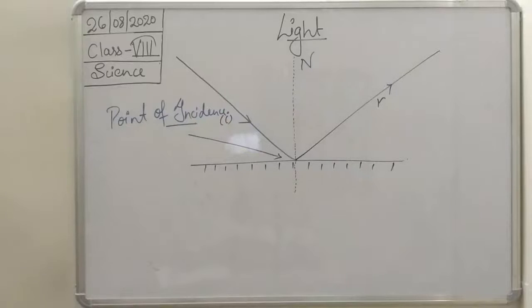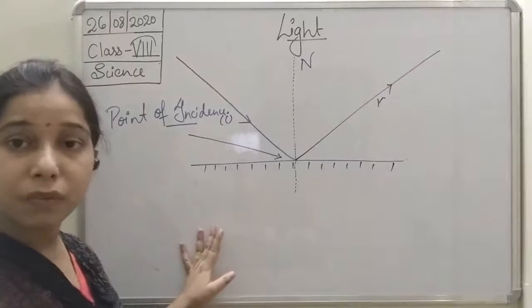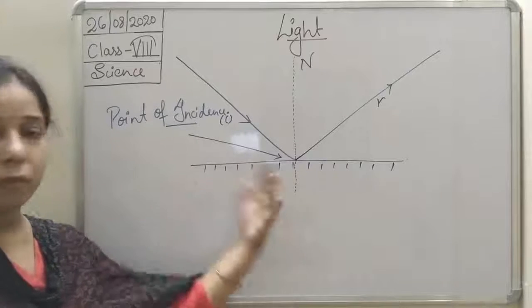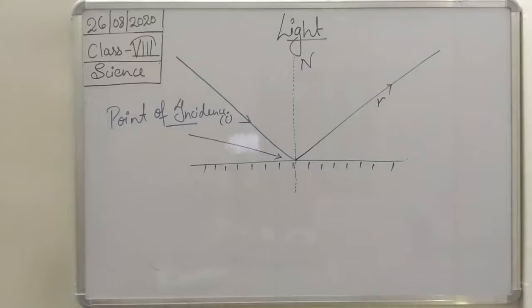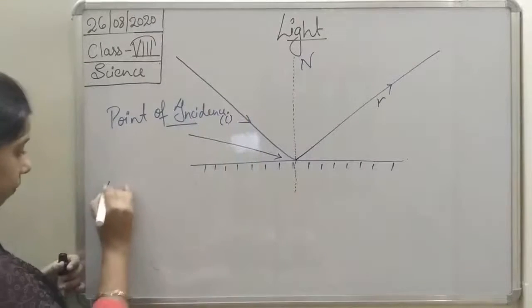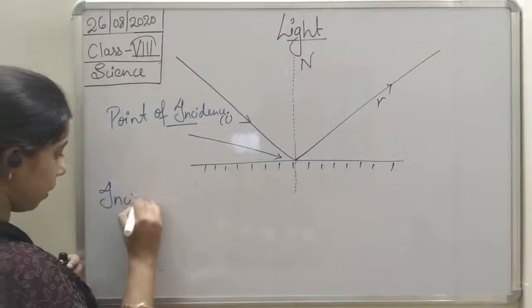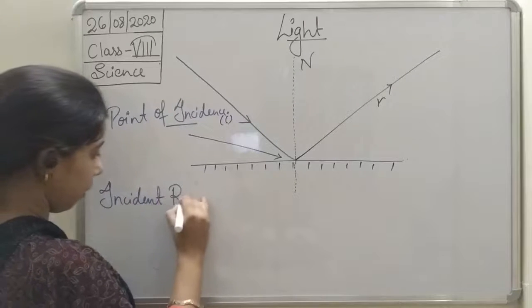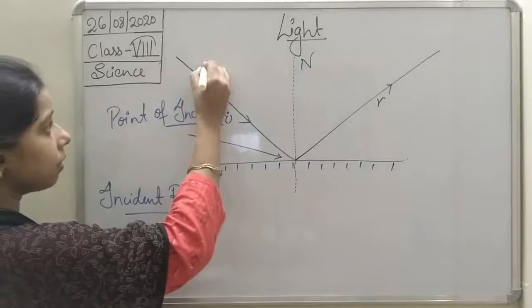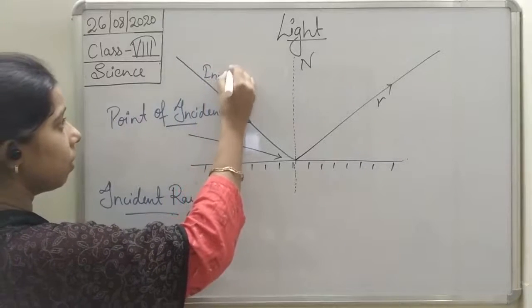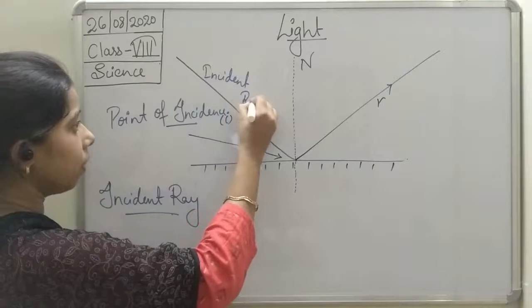So you see the student, now we can define each and every ray very easily. So we will start with the incident ray, then we will move further and understand the other concepts also. So you see here students, this is the incident ray. Now we will give names here.